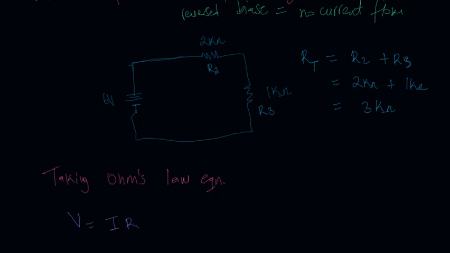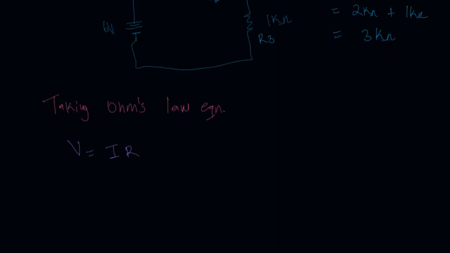Now we can find I. So when we rearrange our formula to make I the subject, we get I is equal to V upon R.